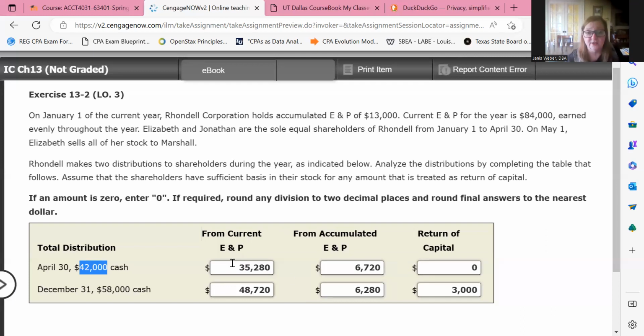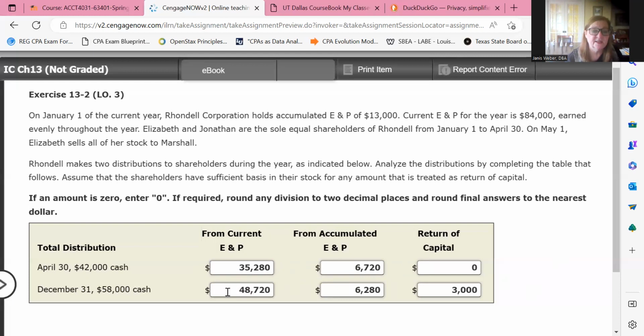So we're just going to call this entire 42,000 a dividend, because it's the total of the current E&P allocation plus the remainder from the accumulated. So the two of those combined is the 42,000. And then we have no return of capital because there was no need for it. It was all considered a dividend.